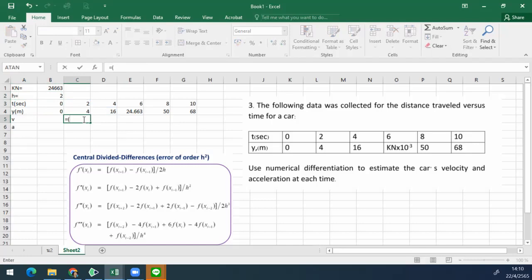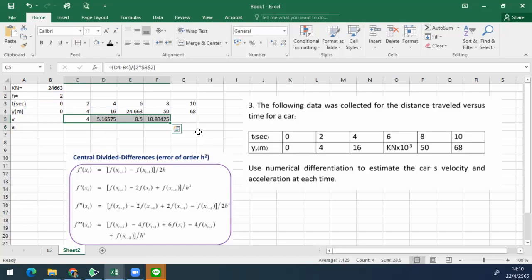For the first derivative it becomes f(x_{i+1}) minus f(x_{i-1}). For the middle data, we have the forward data and backward data, so that's fine, it can be determined by using the central difference. We already have the velocity. For another value, we use the same formula.